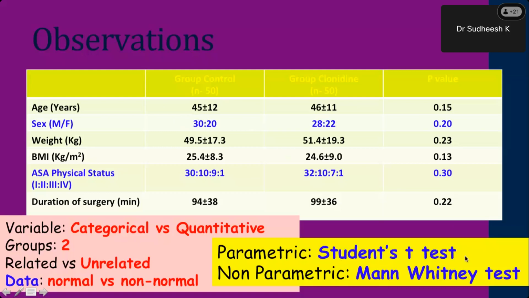Suppose this was represented by median, then it means that the data is not normally distributed. If it was represented by median and interquartile range, with two groups unrelated and non-normal distribution, you apply Mann-Whitney U test.